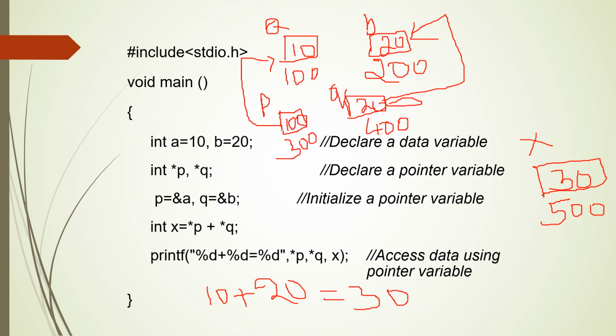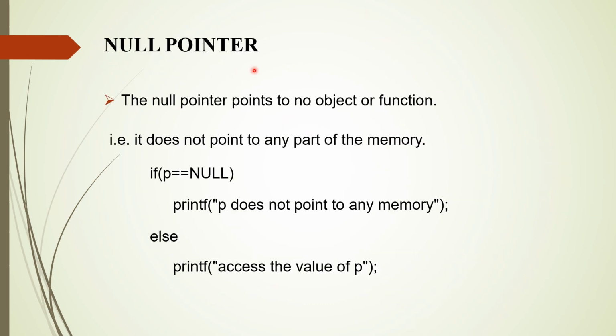This is how pointers work. Now, null pointers: whenever pointer variables get created, that pointer variable must be pointing to some memory location. Suppose the pointer variable is not pointing to any memory location, then it is called a null pointer.